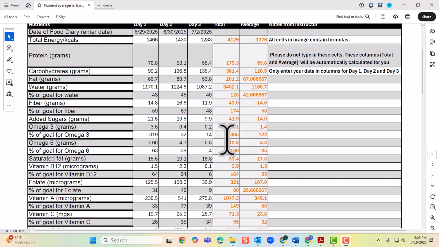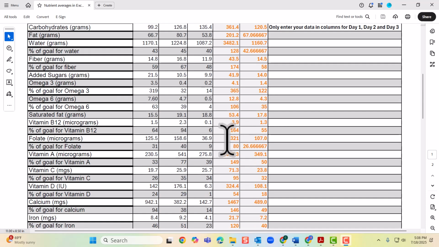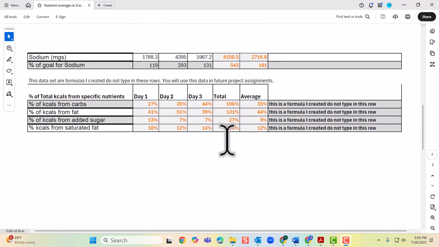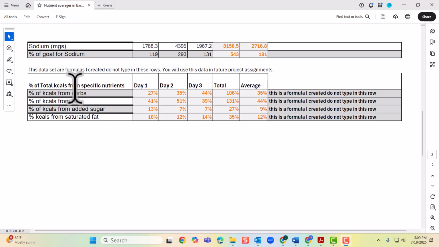One of the areas I want to point out in this Excel spreadsheet that you all created is also at the bottom. I specifically wanted to calculate what percent of your calories came from carbohydrates, what percent of your calories came from fat.